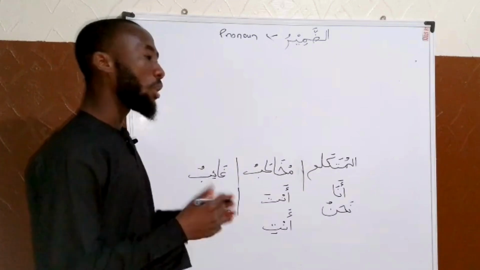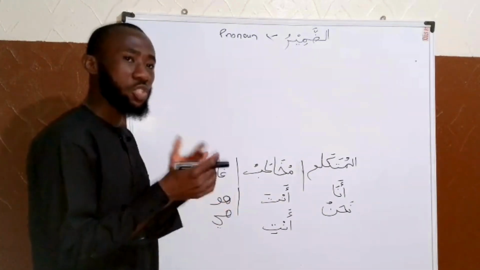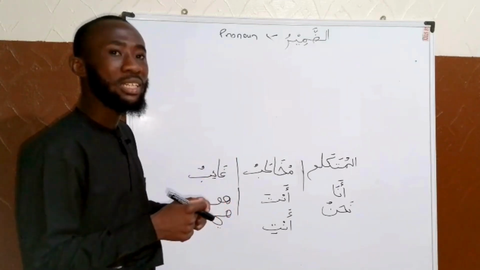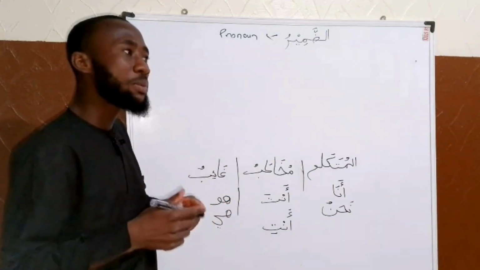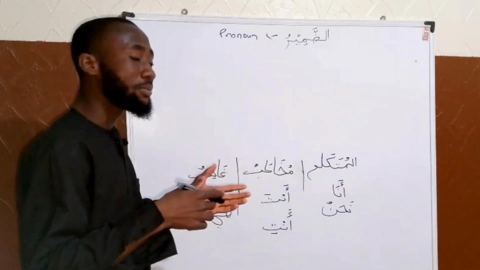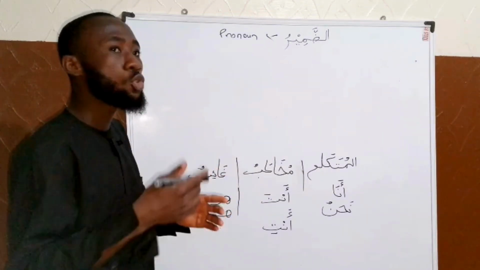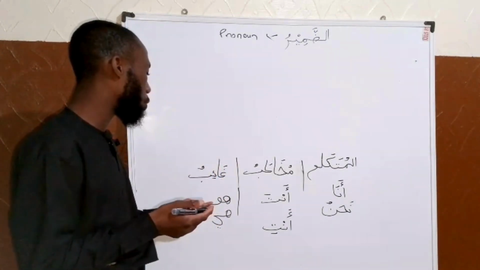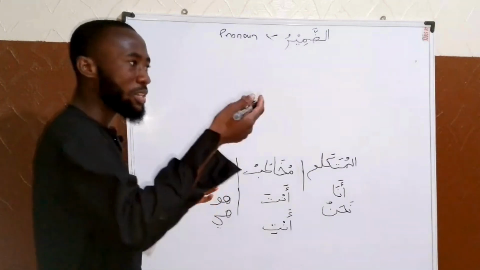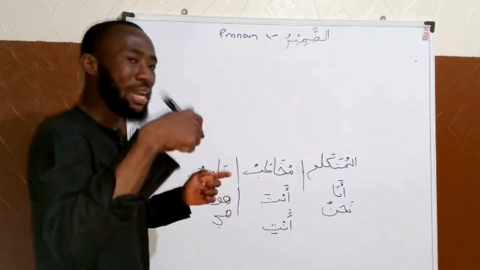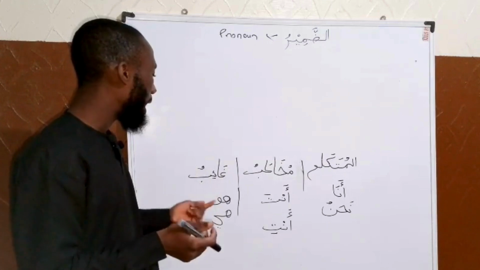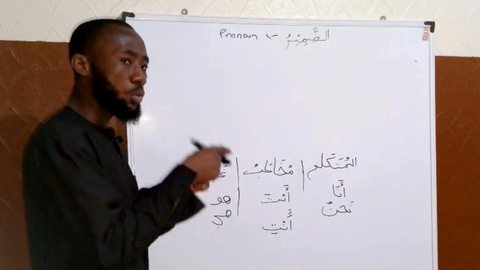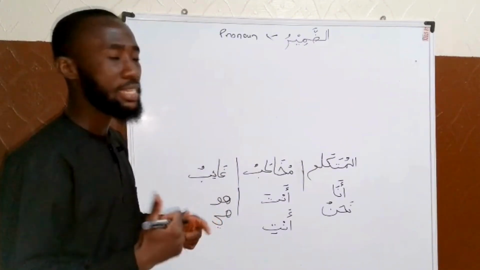If you want to refer to someone that is not here, you are facing someone and you want to indicate someone, maybe Abdullah, and you don't want to use the word Abdullah, then you use the ghaib, which is huwa, to indicate him. We say huwa, that is, he.